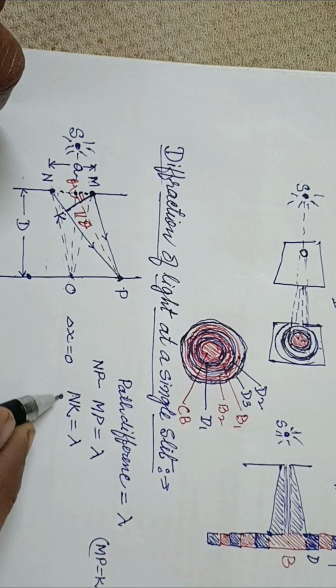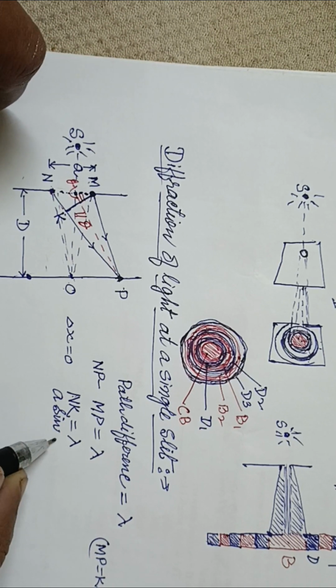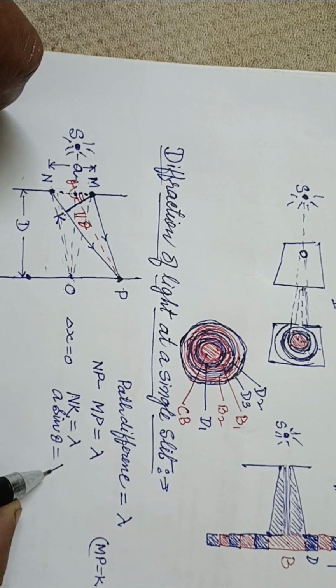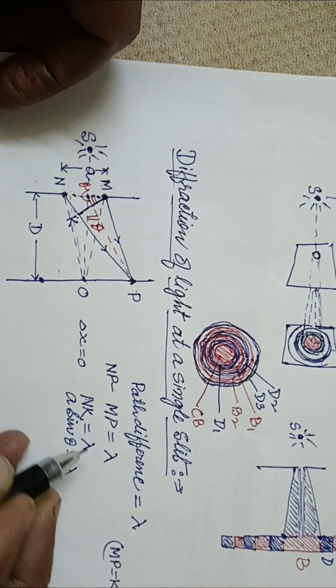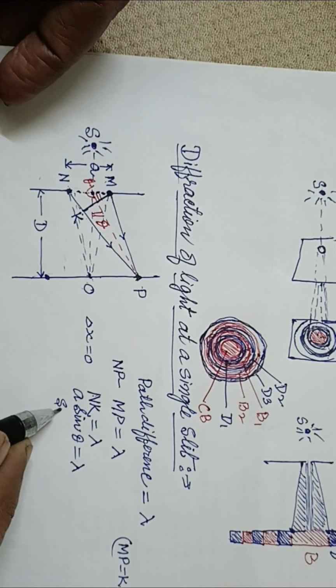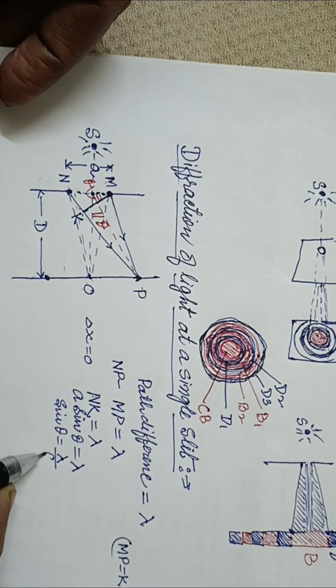So you can write a sine theta is equal to lambda. Clear? So from here we can take sine theta equals lambda upon a.